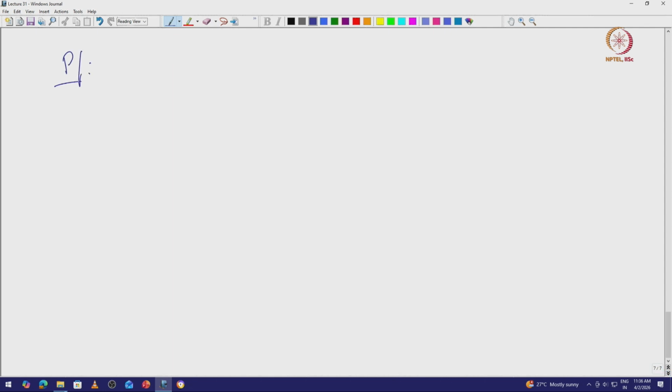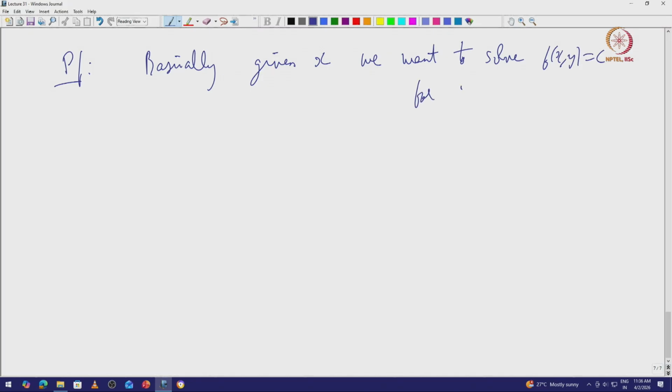Right. So basically, given x, we want to solve f of x comma y equals c for y. The point is, the inverse function theorem does something like this, right?